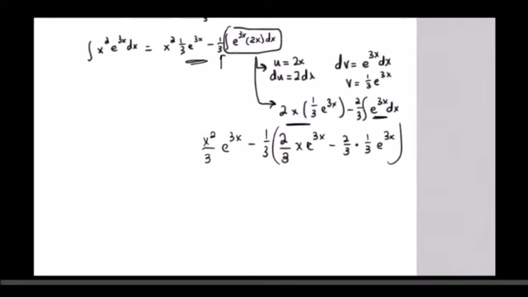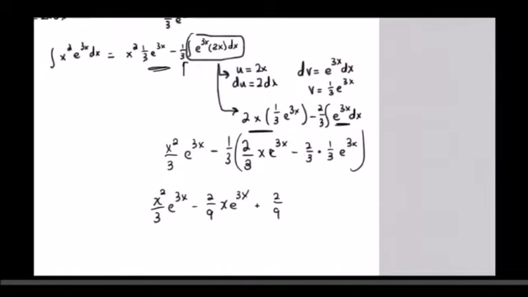So we have x squared over 3 e to the 3x minus 2/9 x e to the 3x, and then this 1/3 multiplies there to make another 2/9, so plus 2/9. Actually, that makes 2/9 there, which multiplied with another 1/3 makes 2/27 e to the 3x plus c.